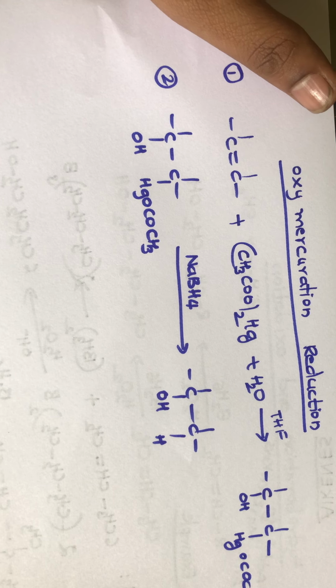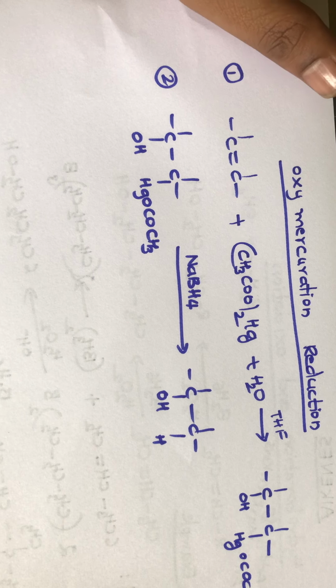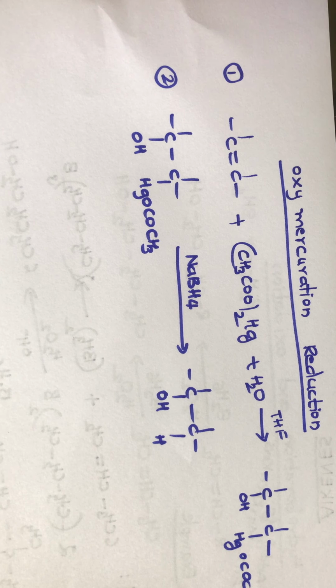Okay, this is what happens. So oxymercuration reduction occurs in 2 steps. In the first step, what happens? Mercuration takes place. In the second step, demercuration takes place. Okay, the net reaction is again addition of water according to the Markovnikov rule only.